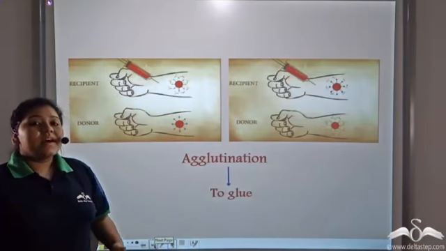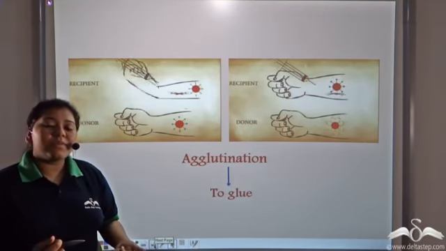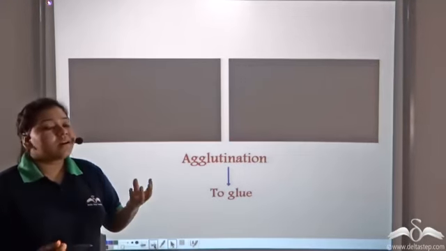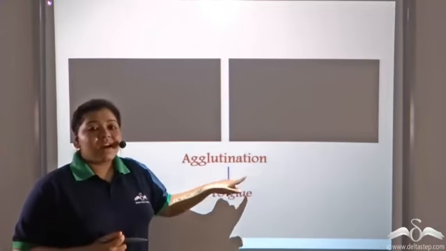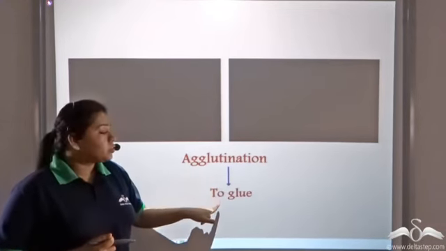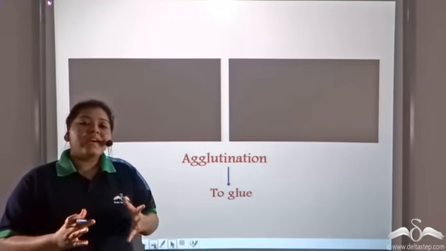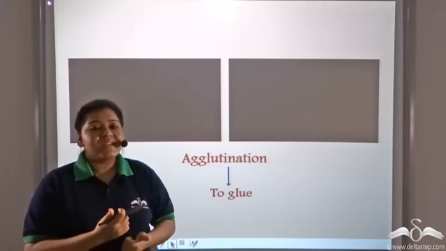So this process, which is the reaction between the antibodies and the surface molecules that causes a clot, is known as agglutination. Agglutination means to glue. So this gluing causes the clotting of blood, and thus a person dies.